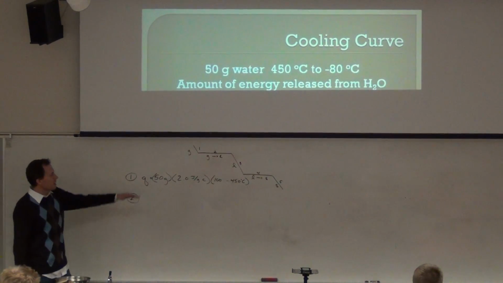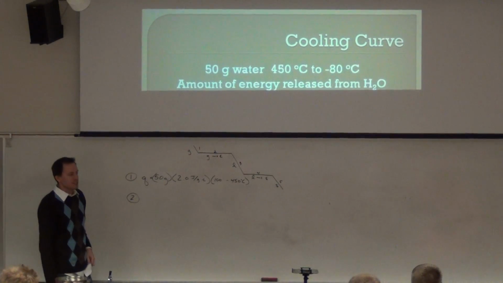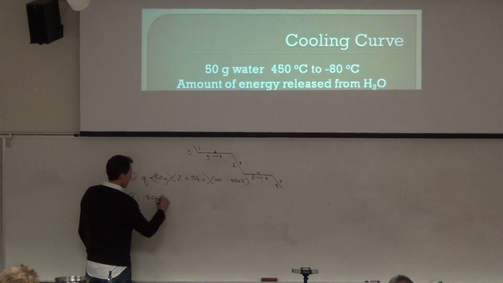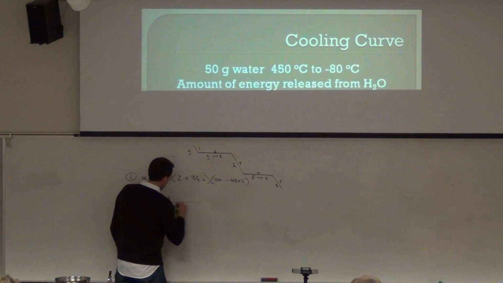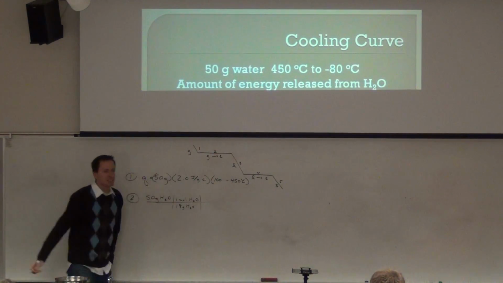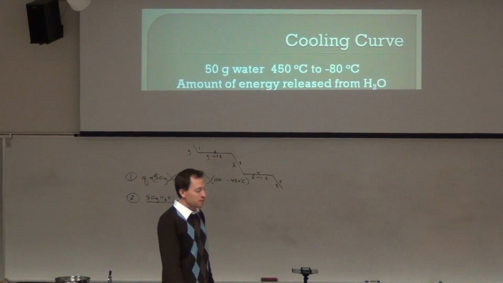All right, now I'm doing a phase change. So now I need to utilize enthalpy. I have 50 grams of water. I need to get it into moles. Is this enthalpy of vaporization or enthalpy of fusion? Vaporization.